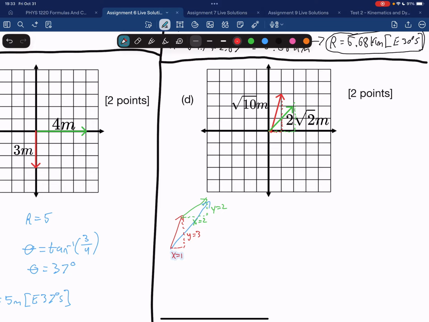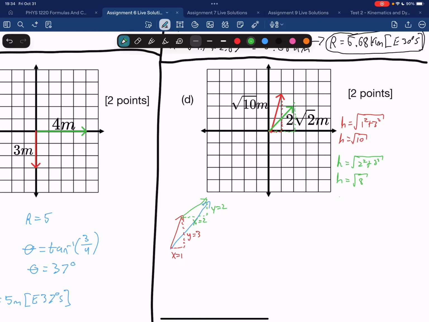You can go ahead and double check if you would like. You can see that the hypotenuse in red is equal to the square root of 1 squared plus 3 squared, which is equal to square root of 10. And for green, you can do the same. Square root of 2 squared plus 2 squared. That will simplify down to 4 plus 4, which is 8.